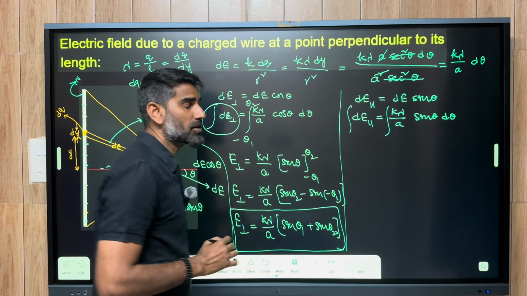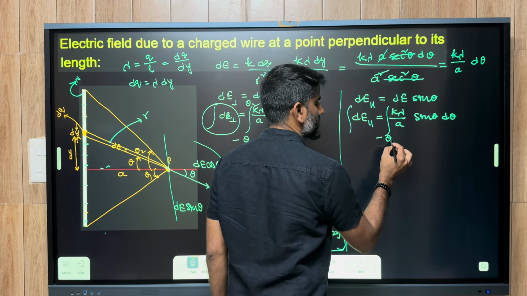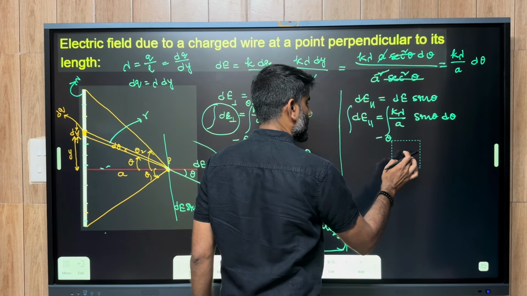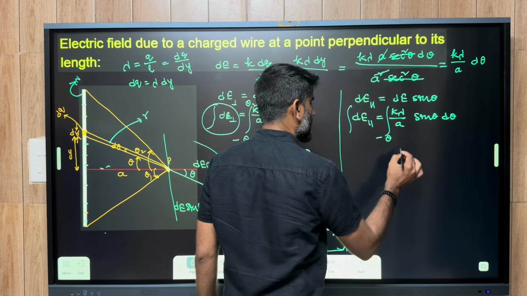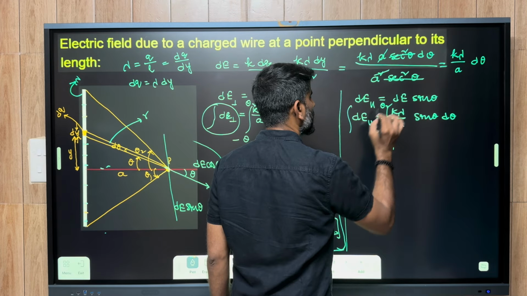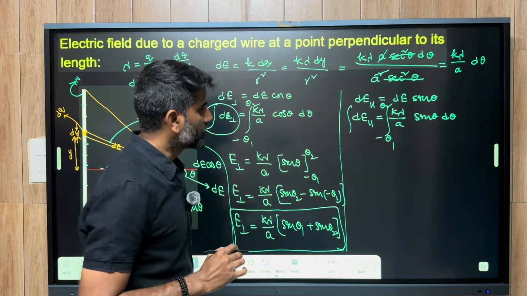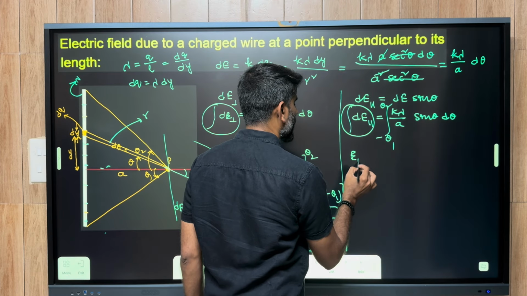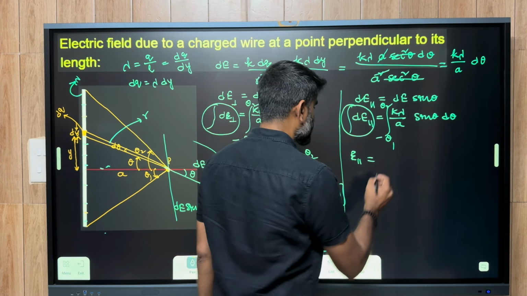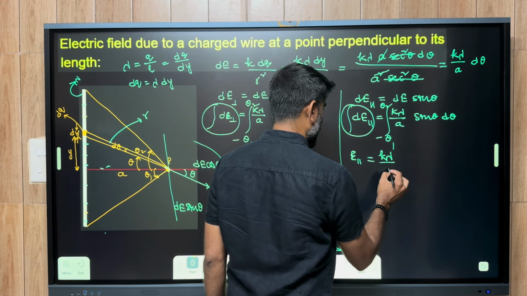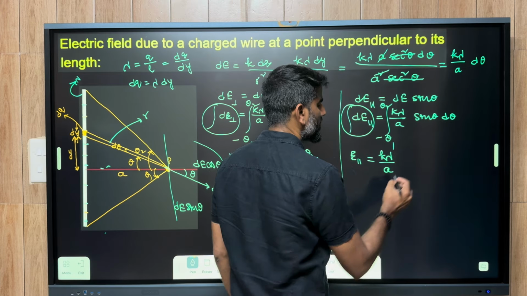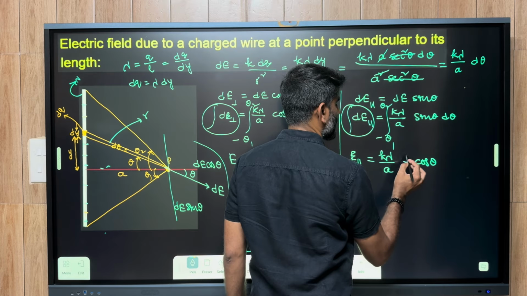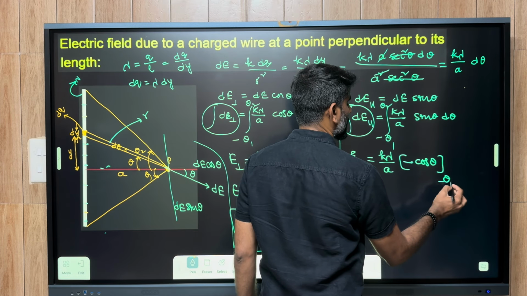Again the angles go from minus theta 1 to theta 2, and this entire term will be E parallel. K is constant, lambda by a. The integration of sin theta is minus cos theta, and the limit goes from minus theta 1 to theta 2.